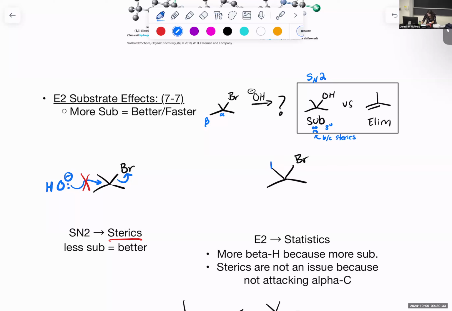For E2, I'm looking at how many beta hydrogens I have. So in this case, let's take the one that's a little bit closer.